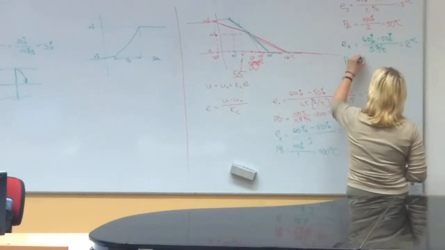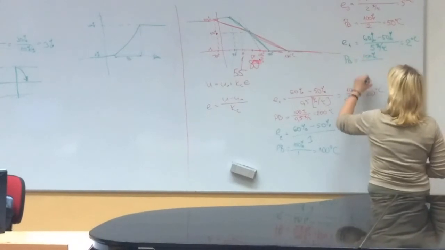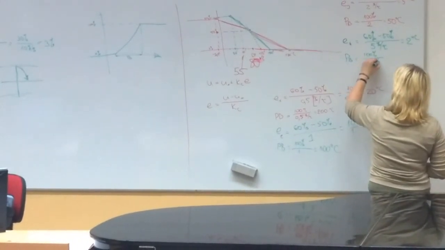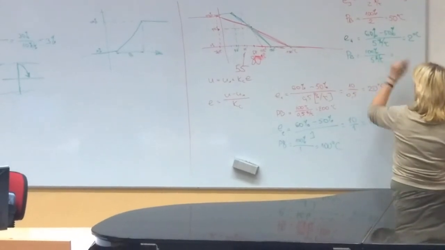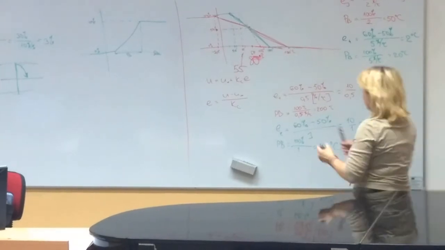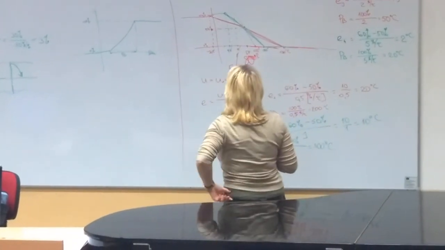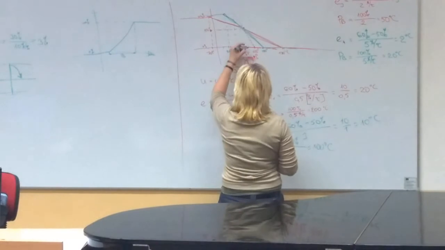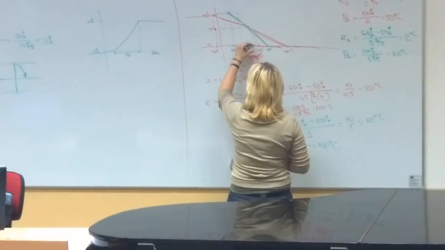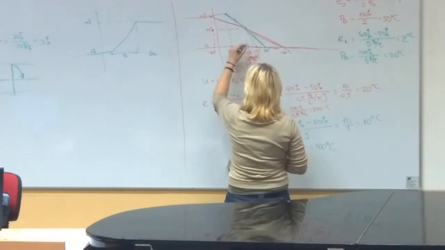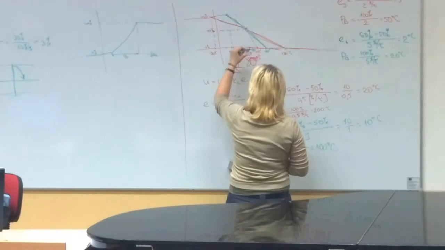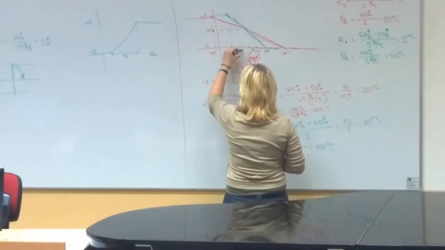The proportional band will be 100% divided by the gain of 5. So we will have 20 degrees Celsius. Yeah, 70 and 90. This is 90, and this is 70.